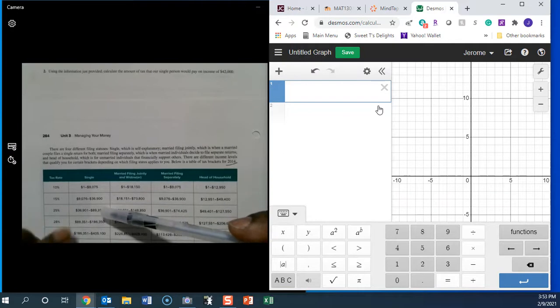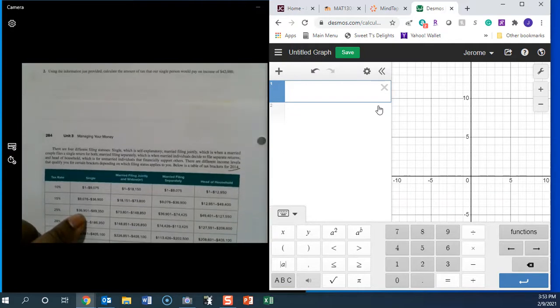So we go single 42,000, that'll be at the 25 percentage. So listen, what we have to do, instead of taking the 25% and multiplying it by 42,000, that would give us an answer, but it would be a higher answer than what you would need to pay. But let me show you how this is set up.